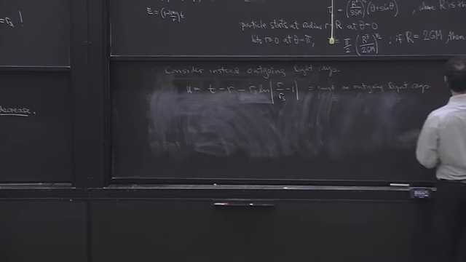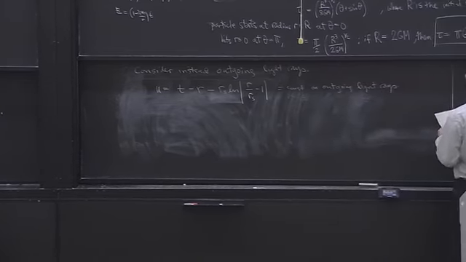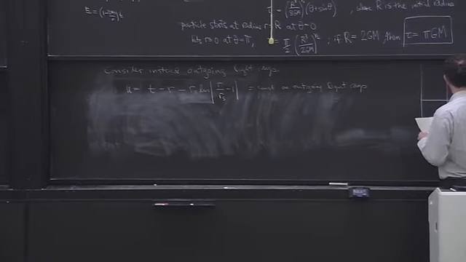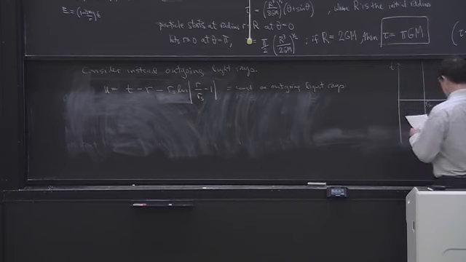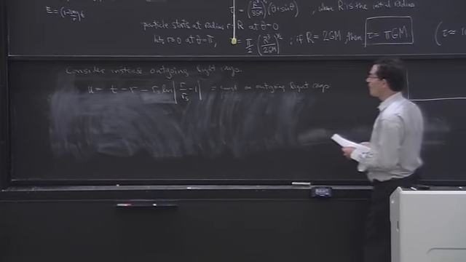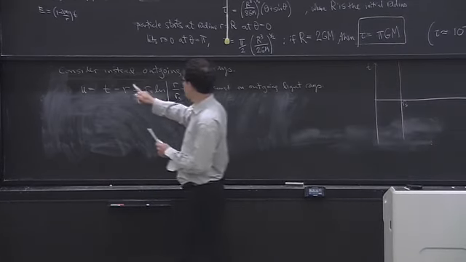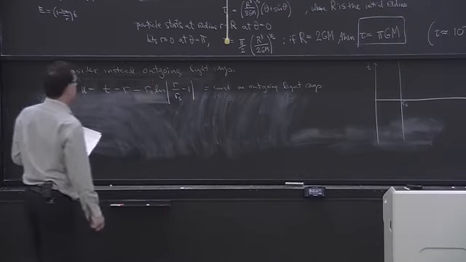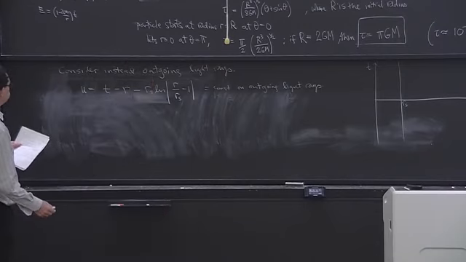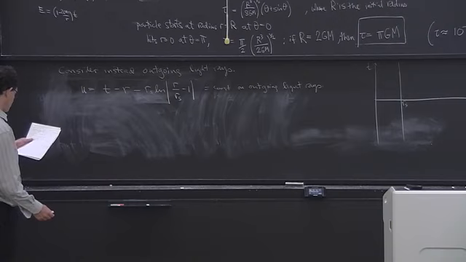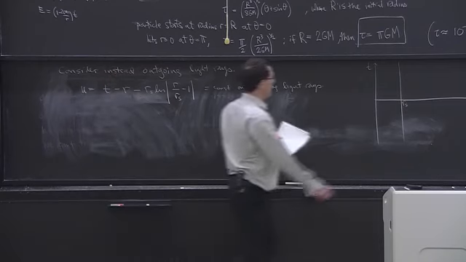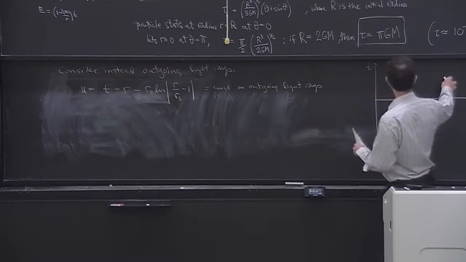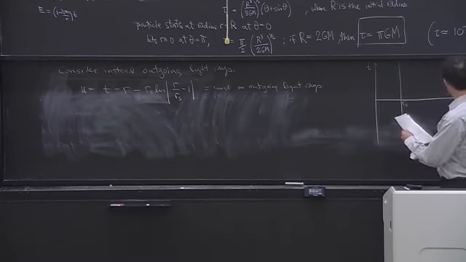And if we draw these, here's rs, r, t. In this case, at large radius, t is proportional to r.